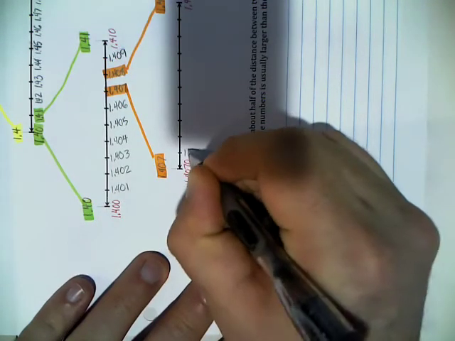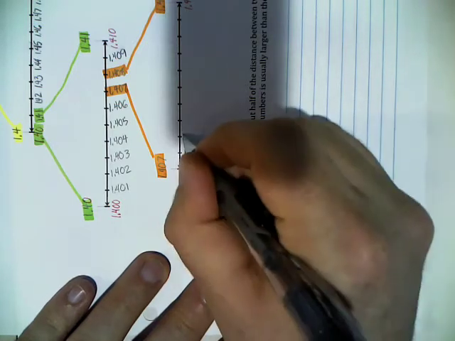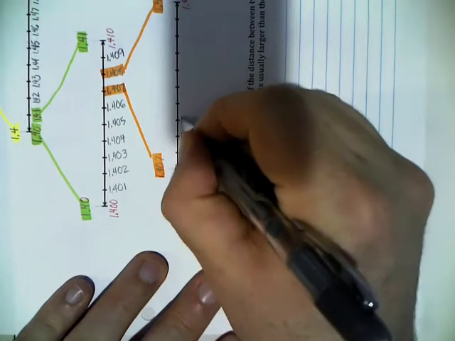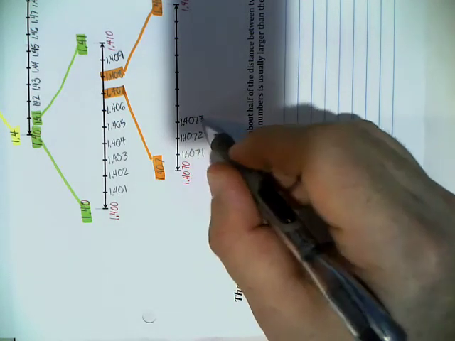So if I turn my paper sideways, I've got my 14,000, but then 71. Put your decimal in. 14,000, but then 72. Put your decimal in. 14,073. Put your decimal in. So we really have 1.4071, 1.4072, 1.4073.